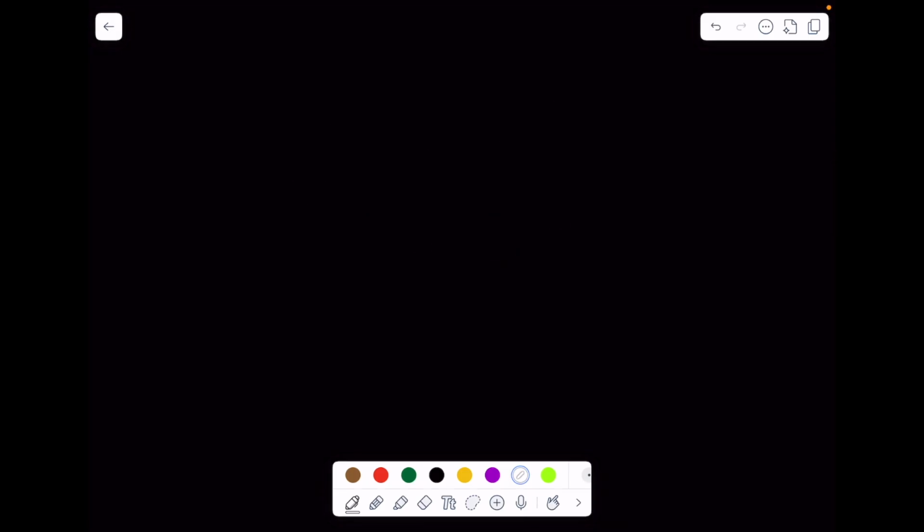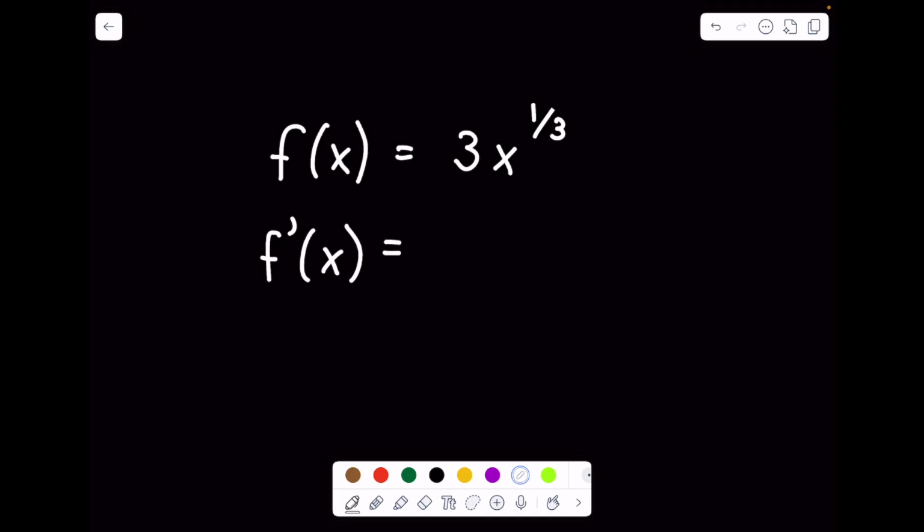It gets a little trickier, but it's the same idea if you have a fraction in the exponent. Say we have the function 3x to the 1/3, and we wanted to take the derivative using the power rule. First thing you do is multiply 3 by 1/3. So we know that would just be 1x, and then same step as before, you take the exponent and minus 1.